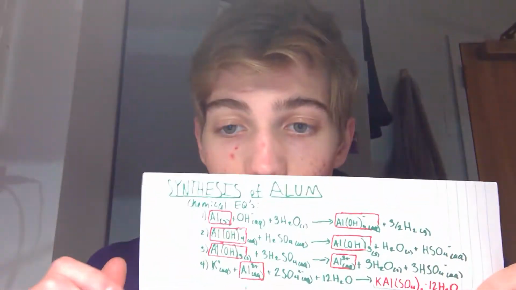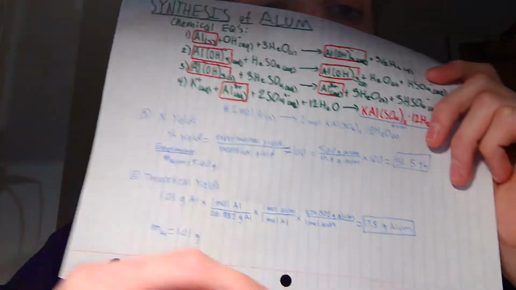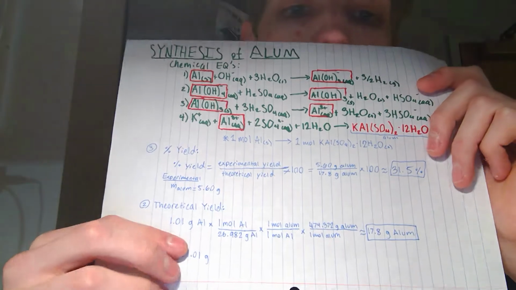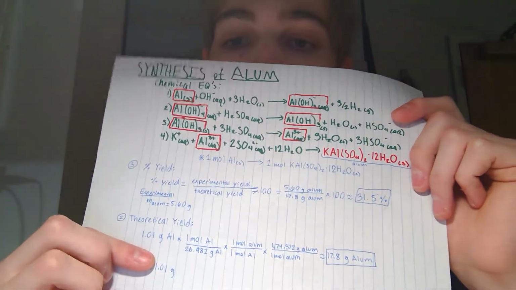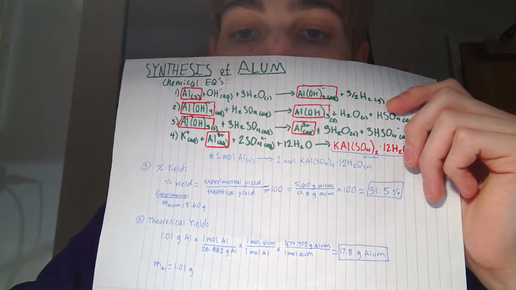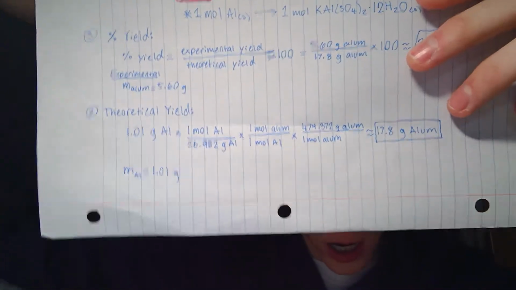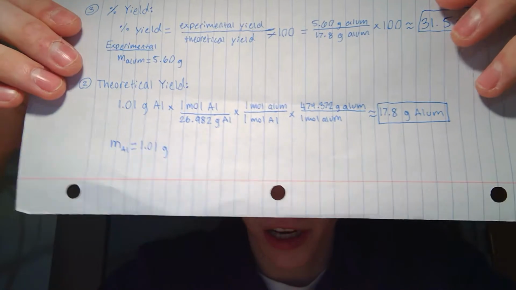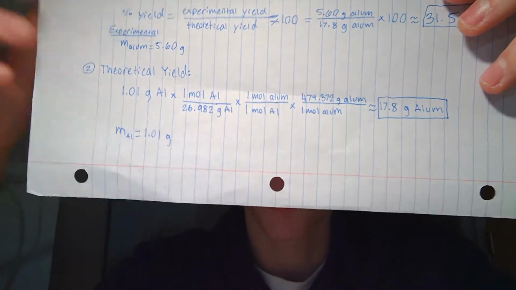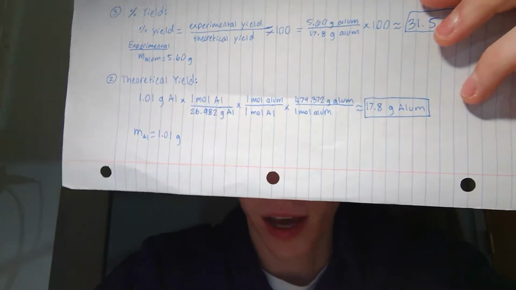Therefore, to calculate the theoretical yield of alum in terms of mass, which is shown down here, I first had to convert the initial mass of aluminum to moles of aluminum using the molar mass of aluminum, which is 26 atomic mass units. Then using a conversion factor, that 1 mole of alum is equal to 1 mole of aluminum, I was able to convert to moles of alum.